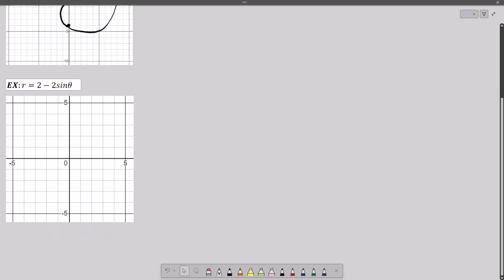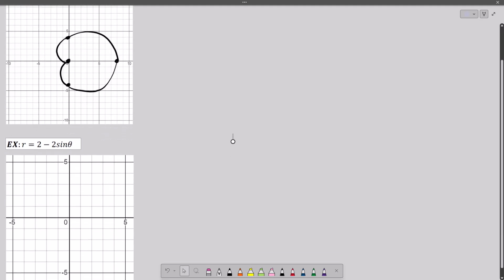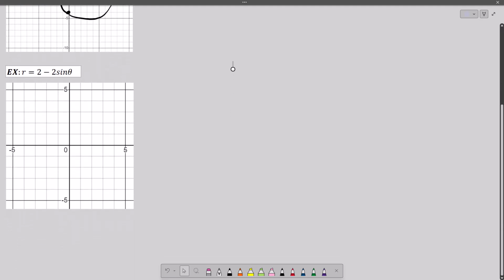All right, let's try this one. Okay, in the 0 direction, what's our radial value? 2. So in the 0 direction, that's to the right. We plug in our 0, we get positive 2, so we go in the 0 direction, positive 2.